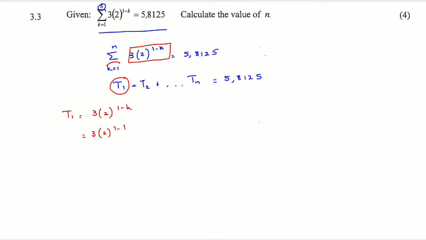We're told that k starts at 1, so this is the start value. Term 2 will be 3 times 2 to the power 1 minus 2. K is now 2, and k increases by 1 each time. And when do we stop? We stop when k equals n, so this is our stop value. So term n is equal to 3 times 2 to the power 1 minus n.